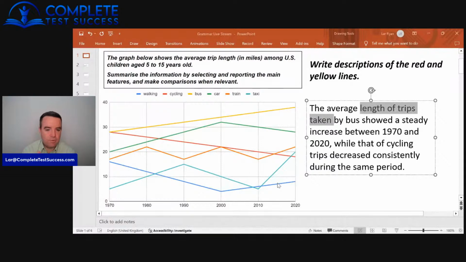So this is an example of an error-free sentence. Yes, there was a vocab mistake, but that doesn't count against you in terms of the grammar score. Okay, so that's very, very good. Well done. Okay, let's move on. Let's do another one.